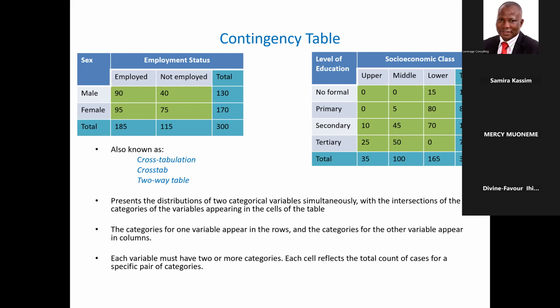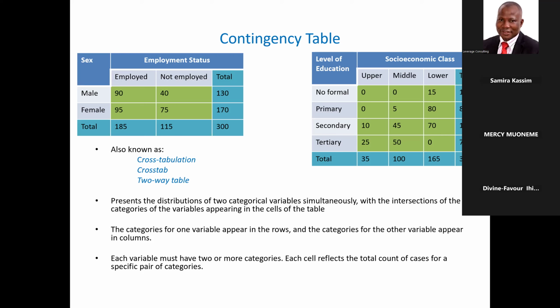Look at 90 plus 40 is 130. 95 plus 75 is 170. 90 plus 95 is 185. 40 plus 75 is 115. So the total is 300. Whichever way, either you say 185 plus 115 is 300, or 130 plus 170 is 300. So the periphery, those blue areas, are the totals, and the number of cells here is 4.